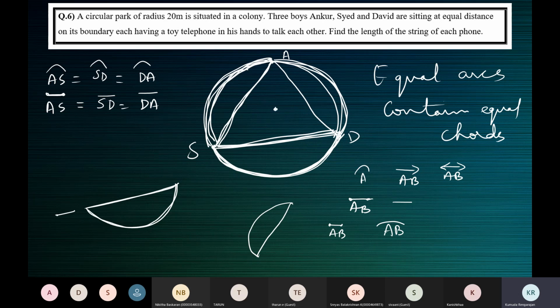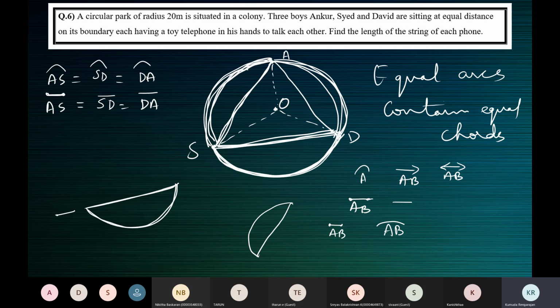So somewhere here the center is located. We are dividing the equilateral triangle ASD into three smaller triangles by joining each of its vertices to the center O. So join A to O, S to O, D to O. The three vertices of the triangle we join to the center.